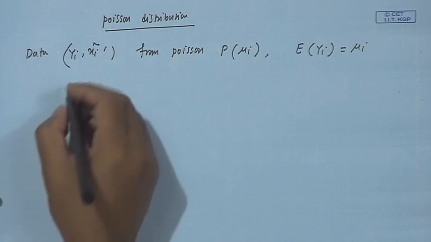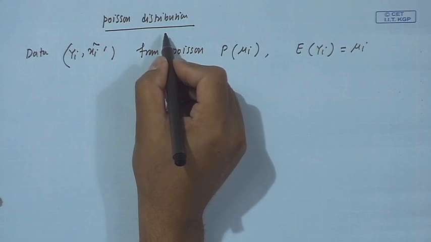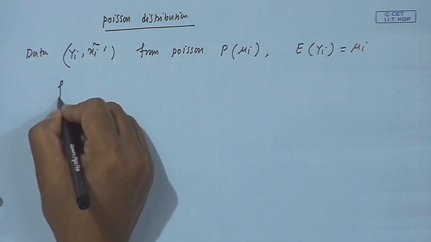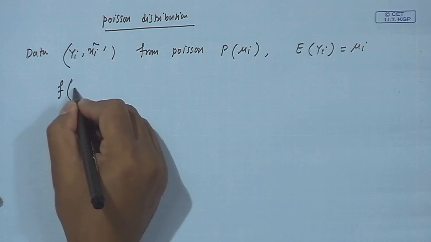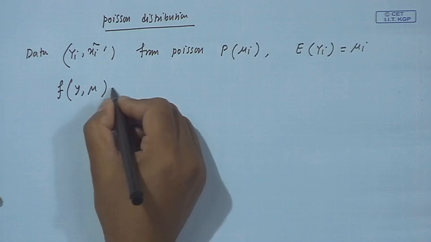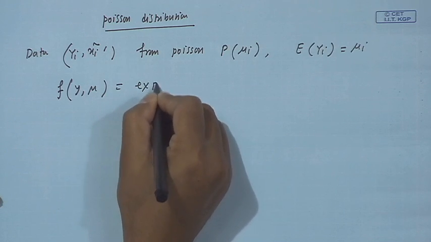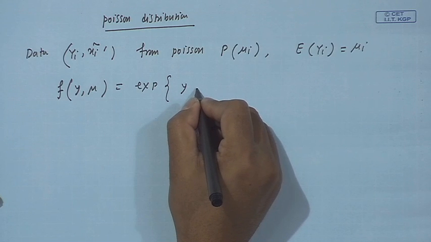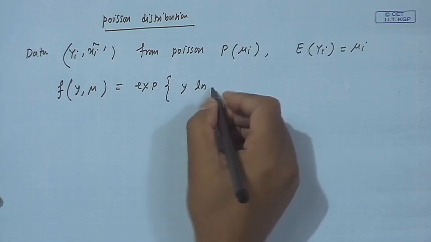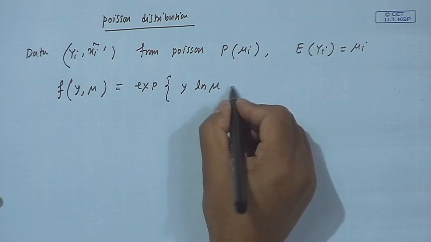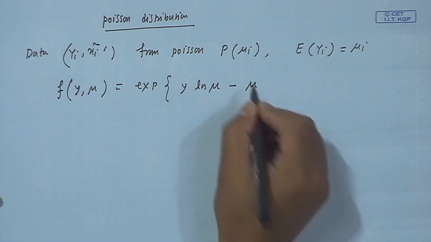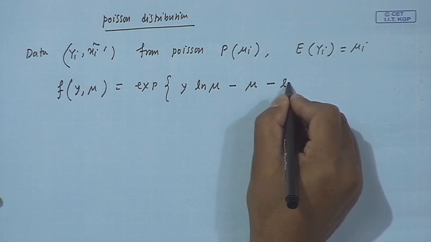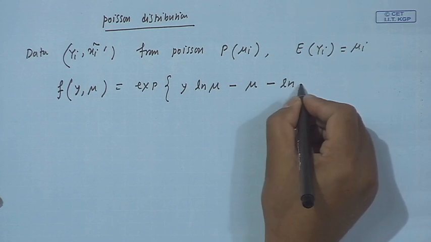So, you know that this distribution also is in the exponential family, and the probability mass function f(y, mu) can be written as exponential of y ln mu minus mu minus ln y factorial.